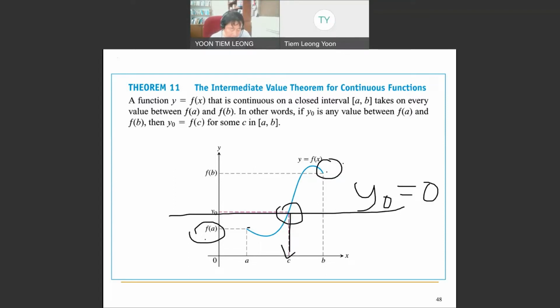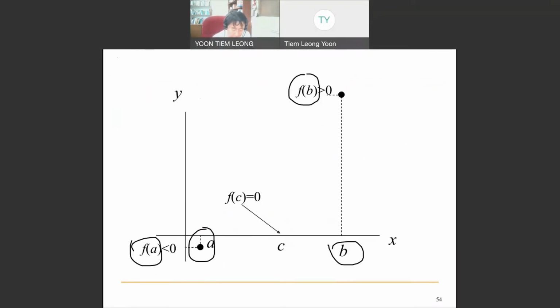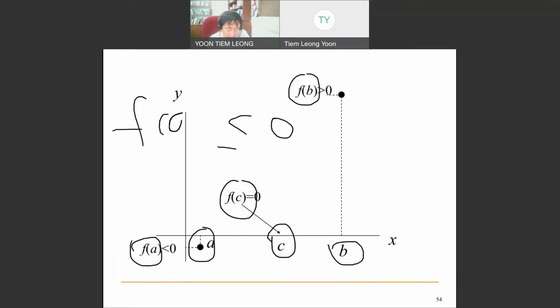So it means that there must exist a value c between these 2 points such that the function at c is 0, because 0 lies between f(a) and f(b). Okay, for this particular example.